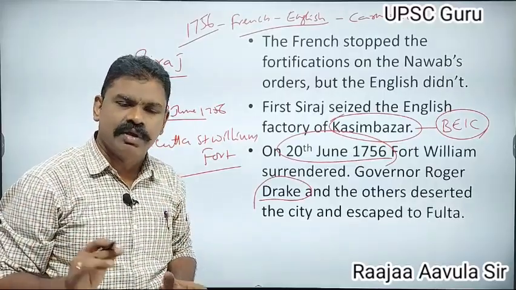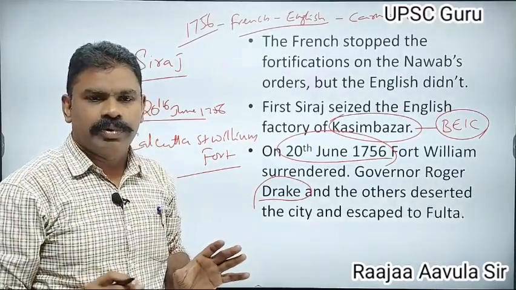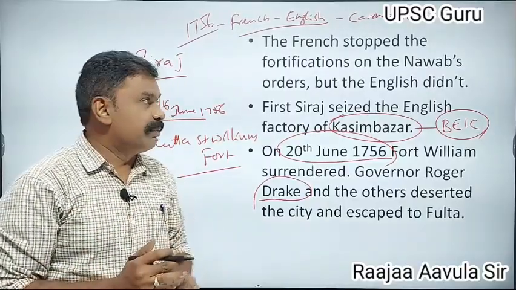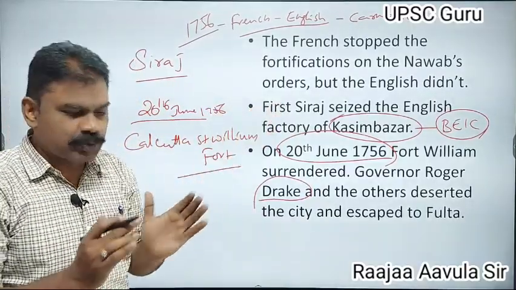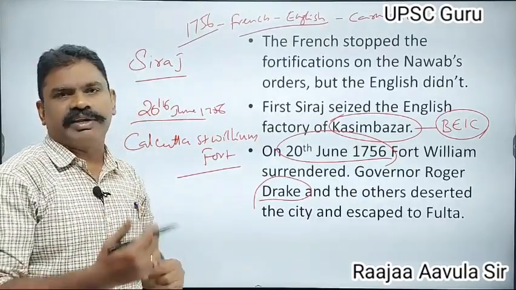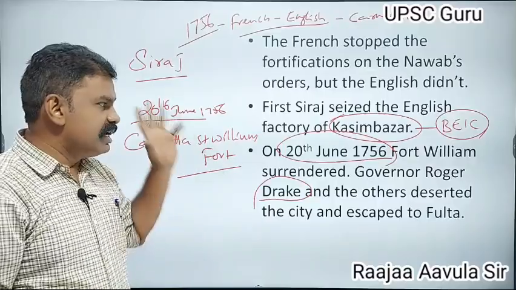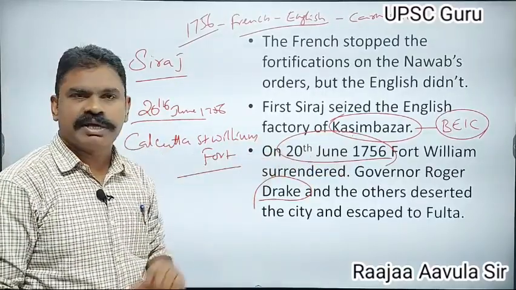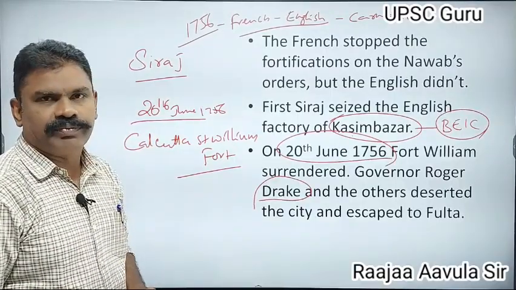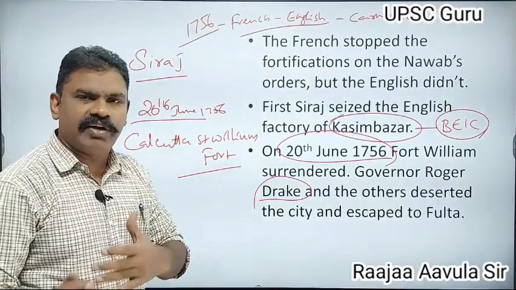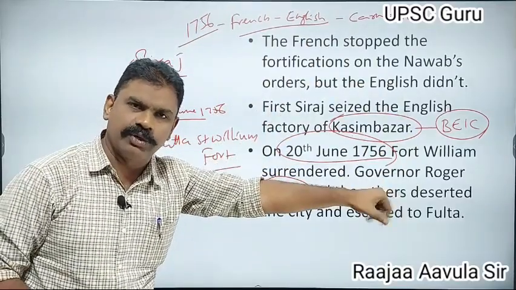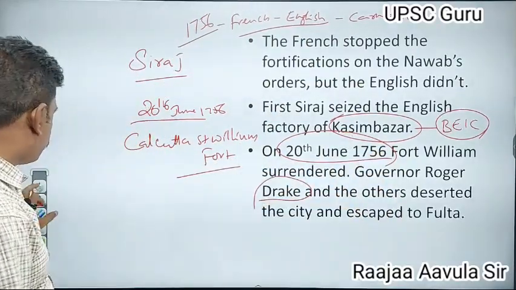The French stopped, but the British East India Company did not. That's why he became angry and wanted to take revenge. He occupied Qasim Bazar and Fort William. The Fort William governor Drake was afraid and left for the Phult Islands in Indonesia.